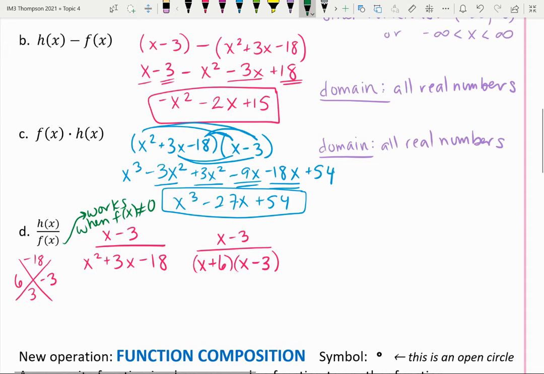So we've done this a couple times in the past where what values of x would make the denominator 0, and those are going to become exceptions for my domain. So I haven't actually done all the simplifying yet, but I'm going to switch tactics here and look at my domain.